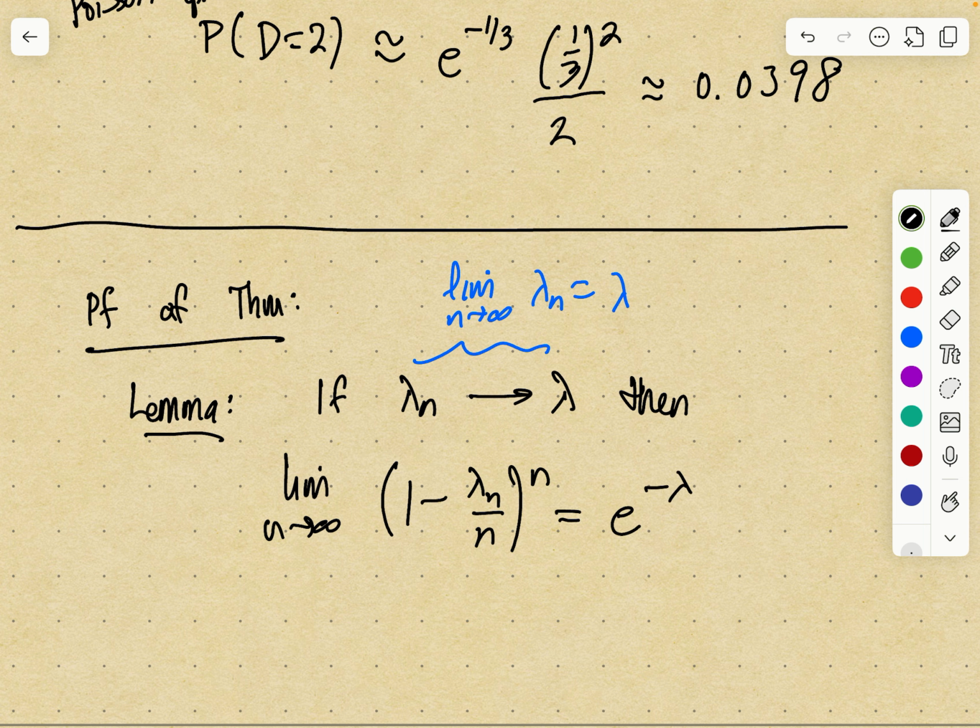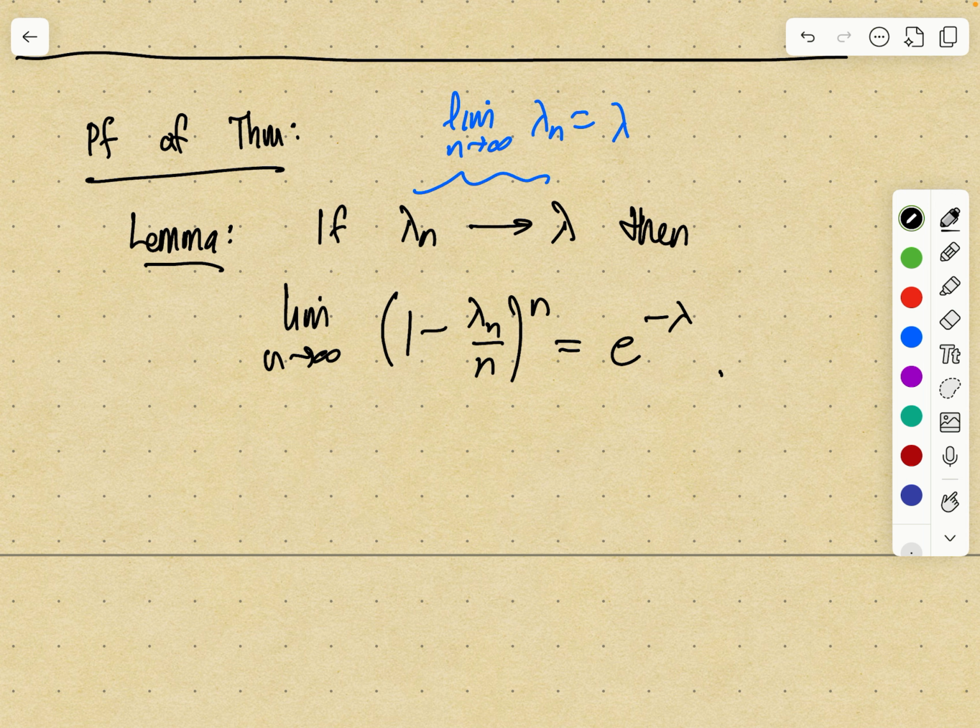That's a very standard calculus fact, so I'm not going to go over this. You basically use L'Hopital's rule to do this.